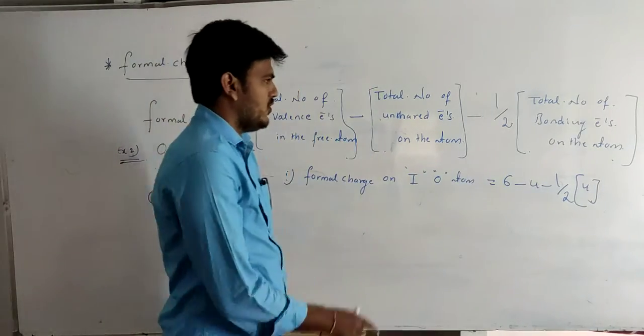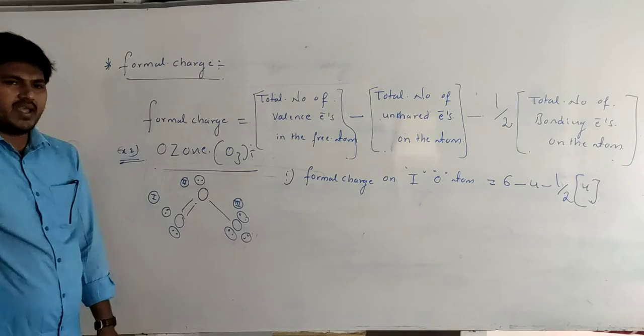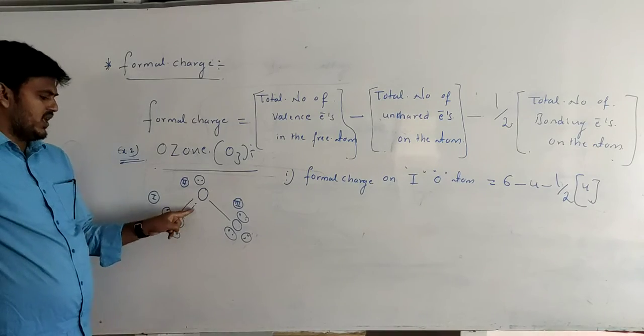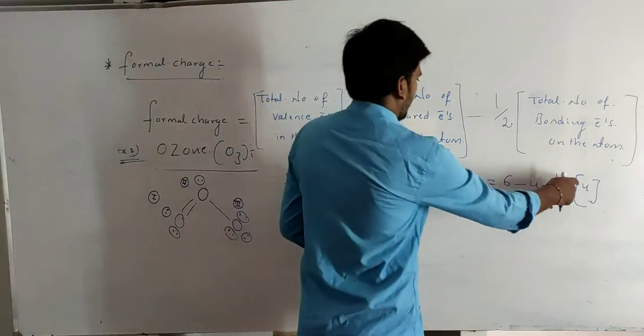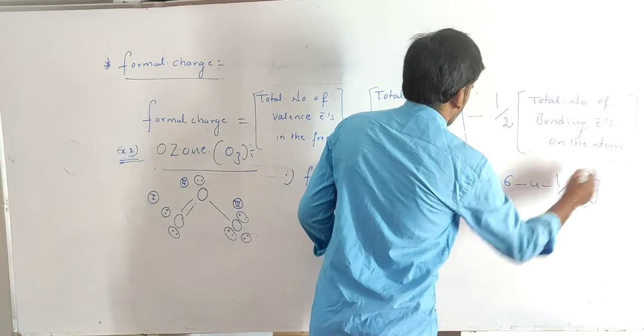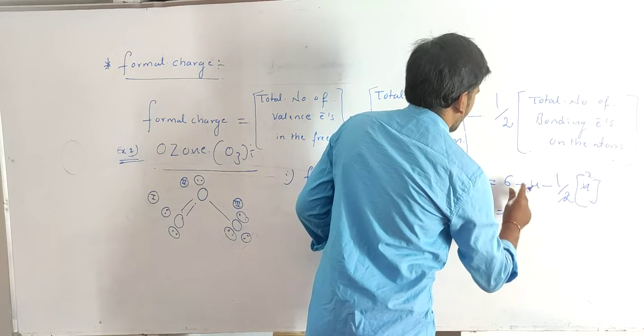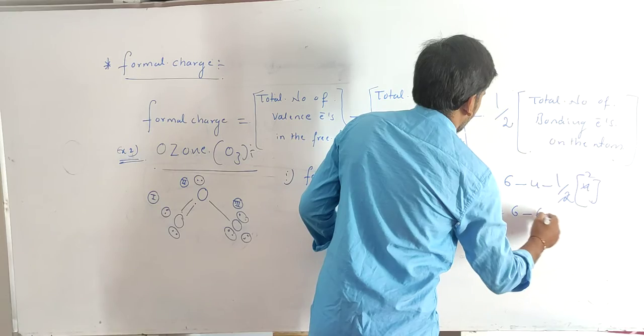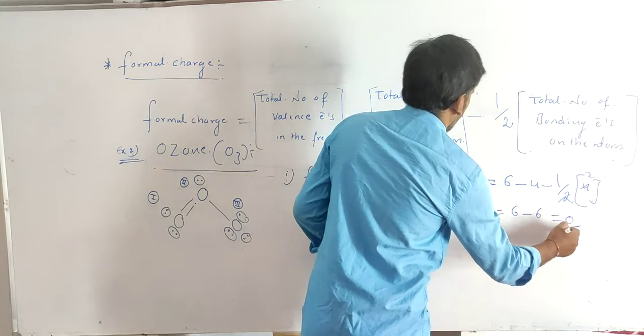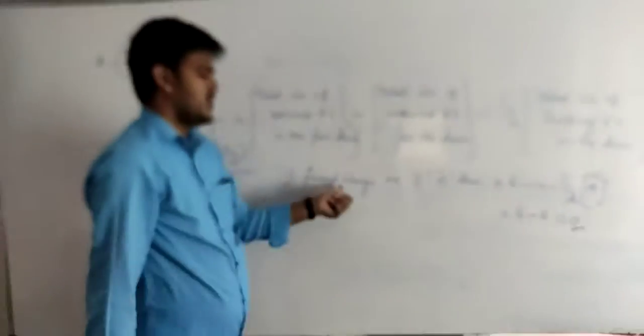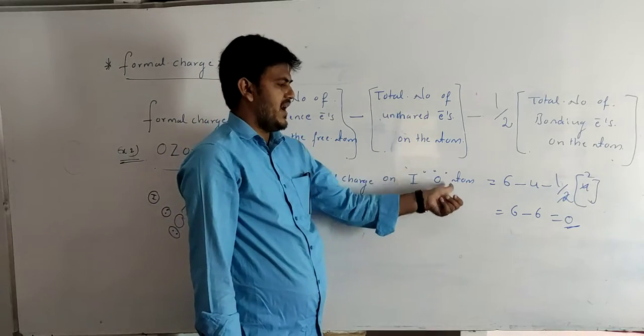Minus half into total number of bonding electrons, 4 bonding electrons. So 6 minus 4 minus 2 is equal to 0. So the formal charge on the first oxygen atom is 0.